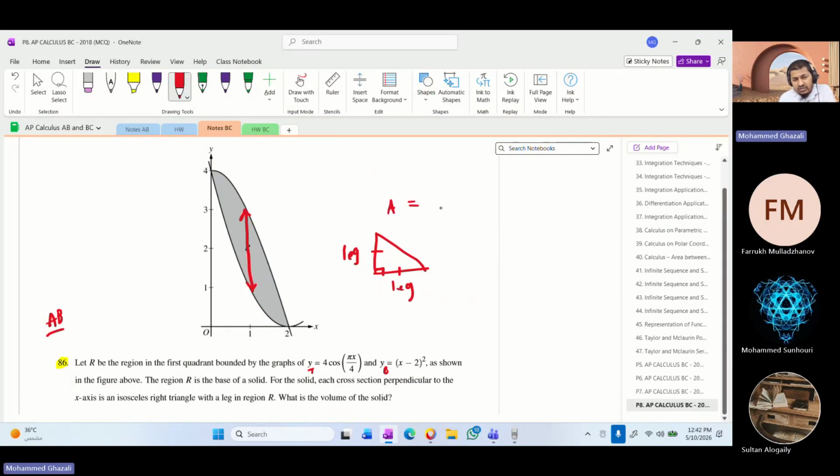So what's the area of this cross section? Half base times height. Half leg squared. What is the leg? The leg is the top function, y top minus y bottom.